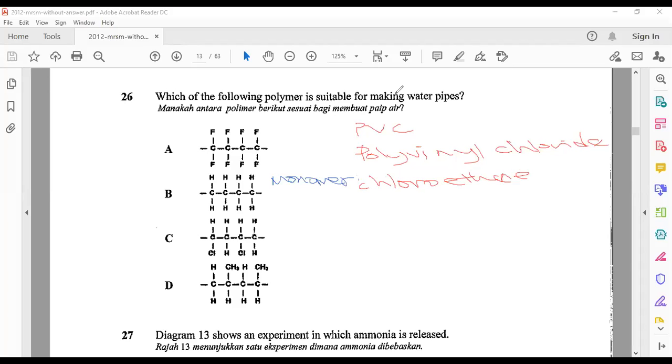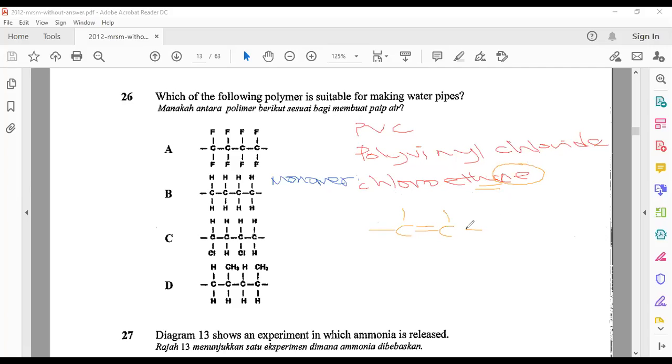Now, this answer should be chloroethene, right? 2 carbon atoms. Can you see the ENE? Double bond. 1 carbon atoms, how many bonds, Zichen? Yes, good, 4. Okay.